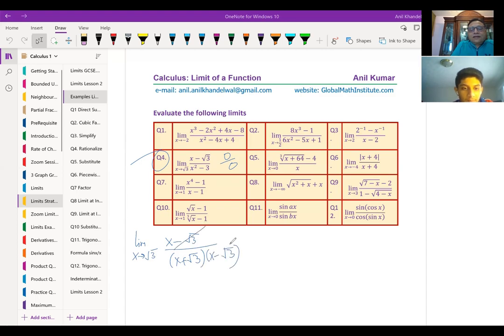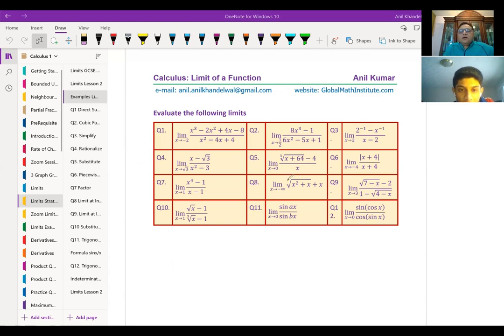And they cancel, and you now have the limit as x approaches square root 3 of 1 over x plus square root 3, correct? And as soon as you substitute, you get square root 3 plus square root 3, which is 1 over 2 square root 3, correct? Yes, sir. So that becomes the answer to question number 4. Clear? Next question, please.